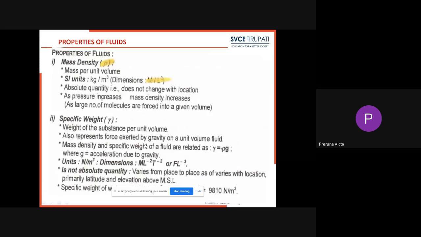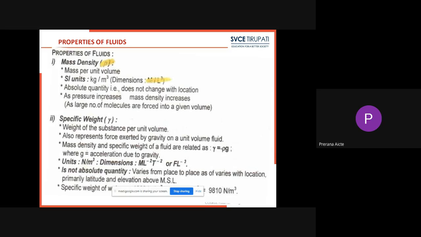Then coming to the properties of fluids, the very first property is mass density, and it is denoted with rho. Mass density is defined as the ratio of mass per unit volume, and it has the units kg per meter cube. The absolute quantity, that is the mass density, will not change with location.